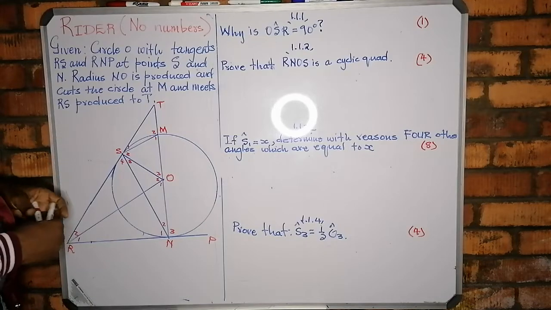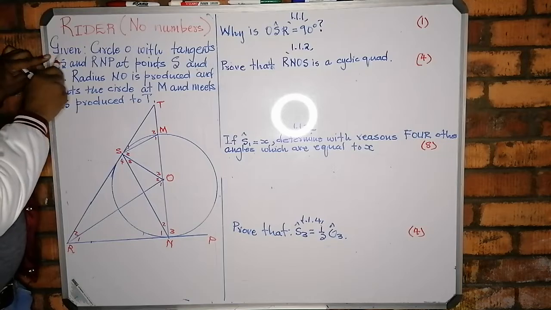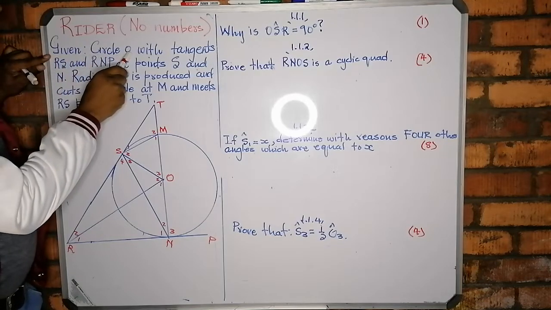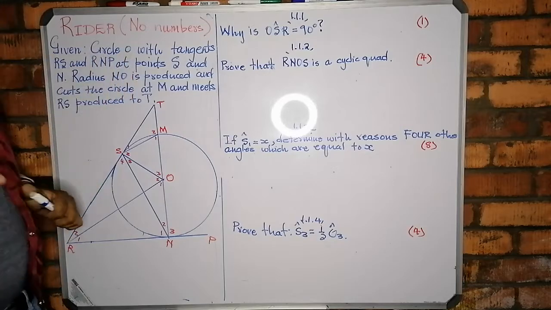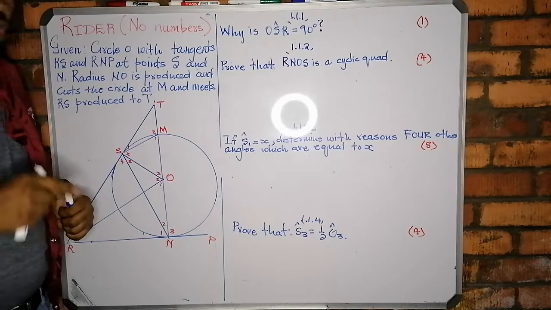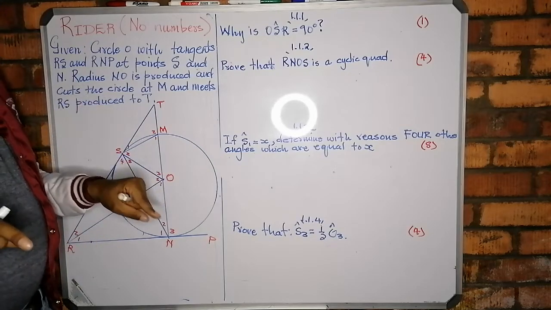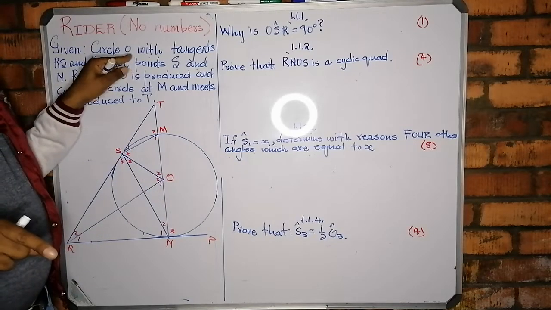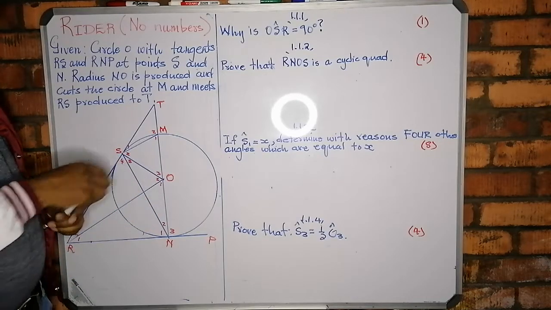Let me take you through this and make an example. You are given a circle O. Remember, circle O means circle with center O. I said we are going to give you clues by naming the components which are in your theorems.